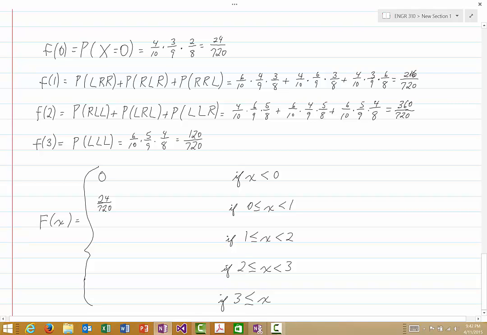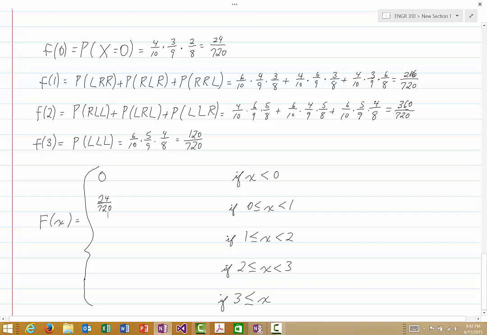Now, what about if little x is greater than or equal to 1, but strictly less than 2? Well, there are two ways that the random variable could be less than or equal to a number that falls in that range. Either the random variable could be equal to 0, or it could be equal to 1.